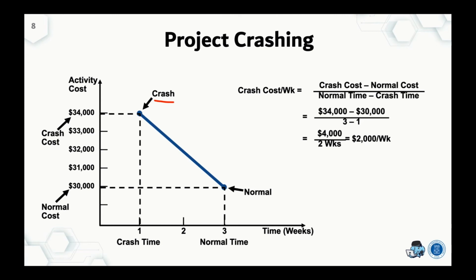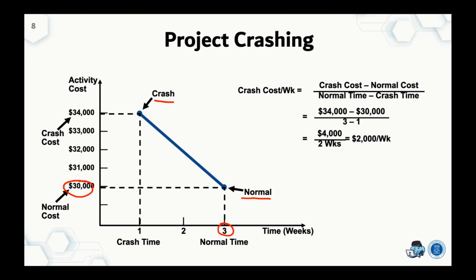Here there's a trade-off. For example, illustrated in this figure, in normal time we can complete the activity within 3 weeks at a cost of 30,000.